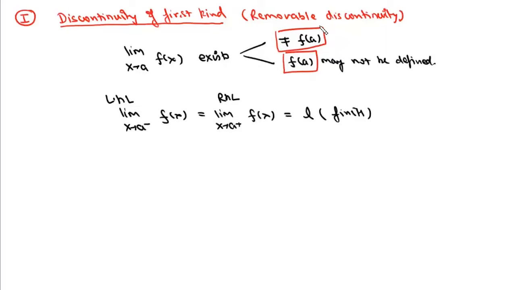So in this type, there are further two more classifications. First one is isolated point discontinuity. And second one is missing point discontinuity.